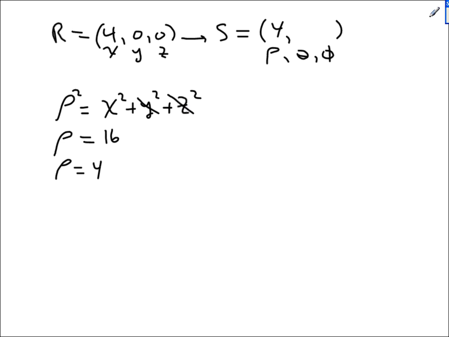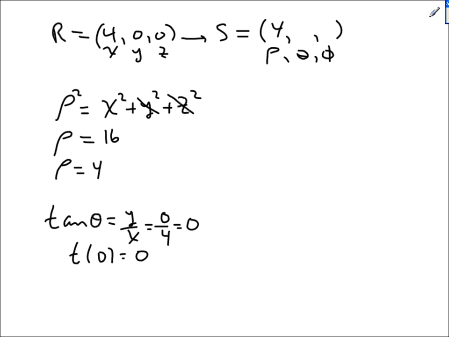Now theta. We know that the tangent of theta is y over x. We're given y, we're given x, divide them, you get 0. The tangent of some angle is 0. The tangent of 0 is 0. So that's theta.